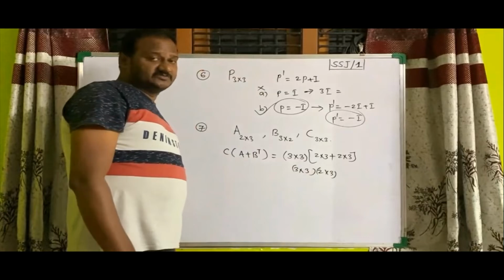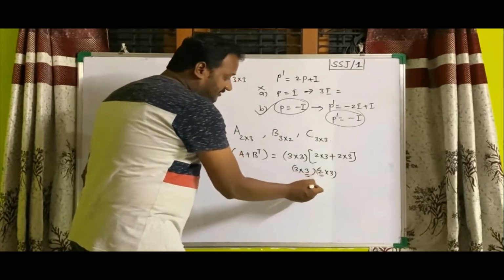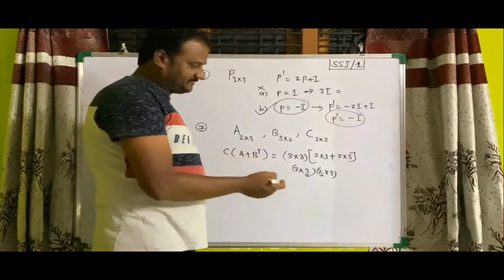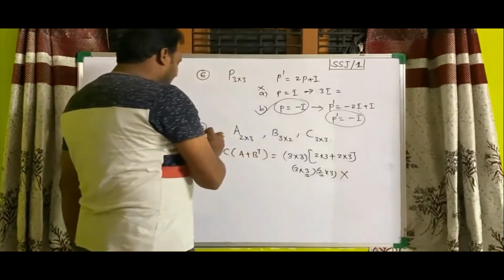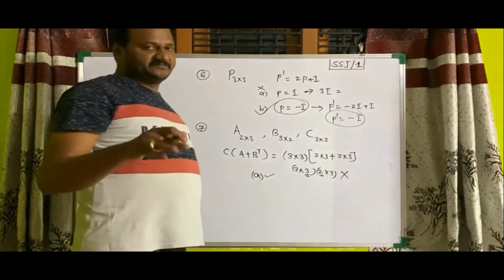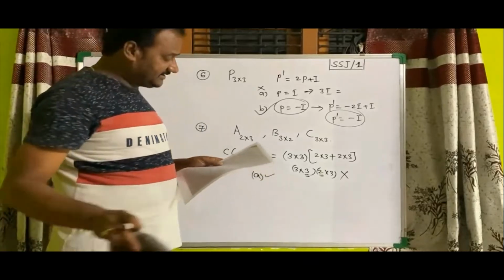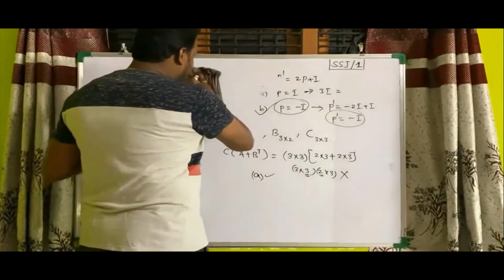Multiplication of matrices is possible only when the number of columns of the first matrix is equal to the number of rows of the second matrix. Are they same? They are not same. So the correct option for seventh problem is A. We don't have to go for checking B, C, D because already we got the option there itself. Right? And that is about seventh problem.